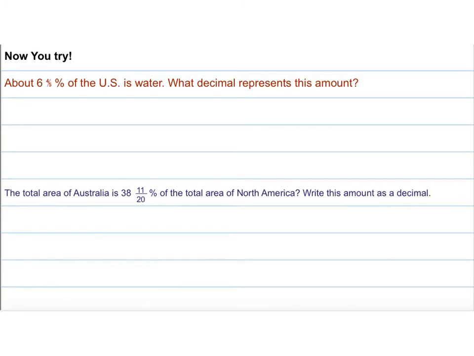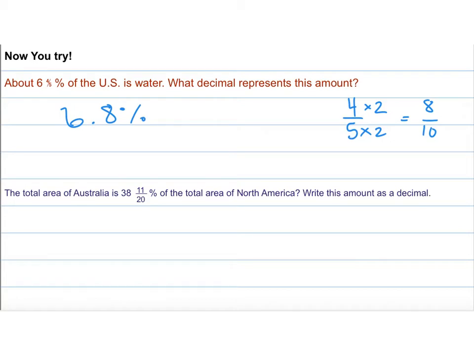Here's a couple more examples where we have a fraction within our percent and we need to write this as a decimal. The first thing I'm going to do is turn that fraction into a decimal. This is kind of going back to our first lesson here. I need to get that denominator to be 10, 100, 1,000, so on and so forth. But I can multiply this by 2, and that would be 8/10. So then that would actually be 6 8/10%.